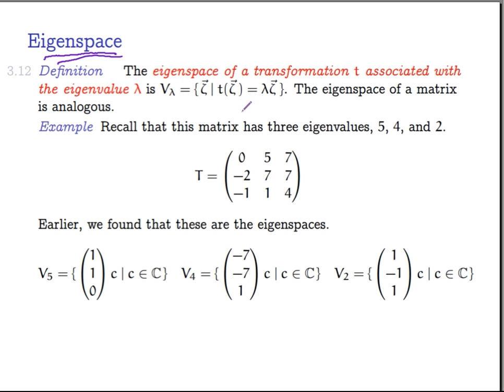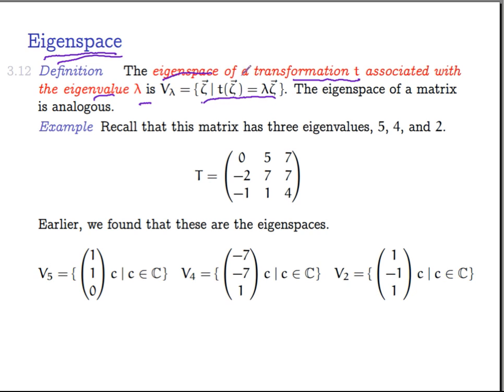Well, actually, that's not how it's defined. It is the set of all eigenvectors corresponding to the eigenvalue lambda. Okay, so that's how we can define this: the eigenspace is the space of all eigenvectors corresponding to the eigenvalue lambda.